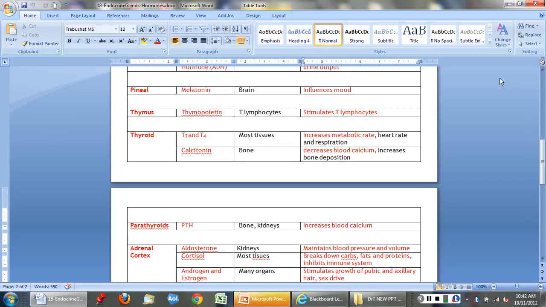Be hungry, right? Because they have a high metabolic rate, they'll lose weight. So if the thyroid gland is overworked, then that's what you'll see. But usually it's the opposite. If there's not enough T3 and T4, that will cause weight gain.